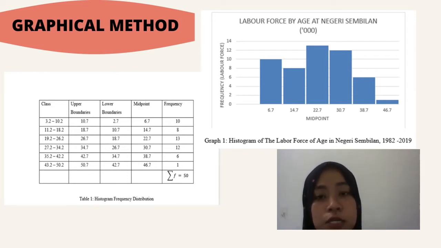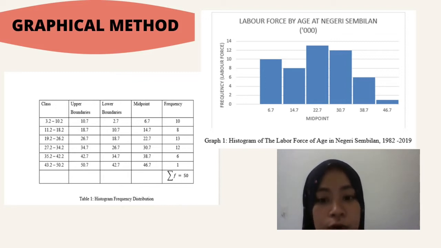Okay, first about the histogram, we have class, upper boundary, lower boundary, midpoint, and also frequency. For the class, we have 3.2 until 10.2. Class interval is 7. For upper boundary, we have 10.7, 18.7, 26.7, 34.7, 42.7, and 50.7.